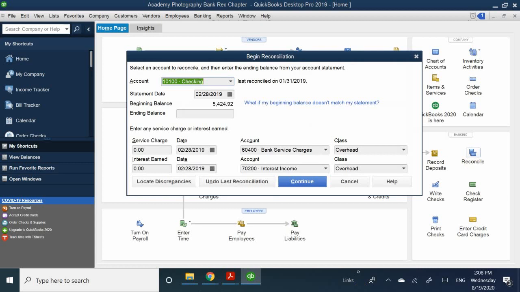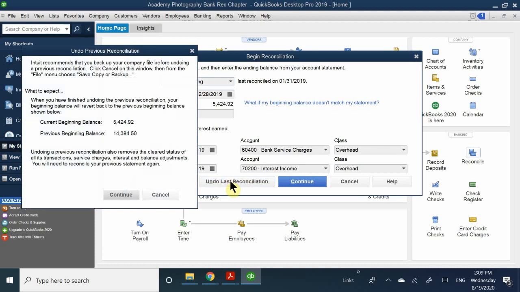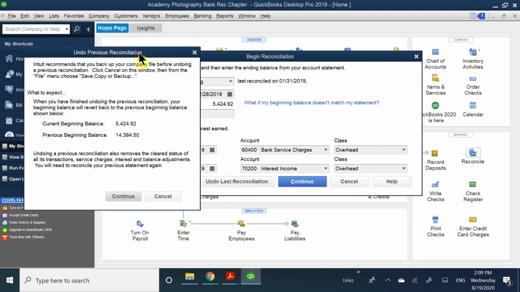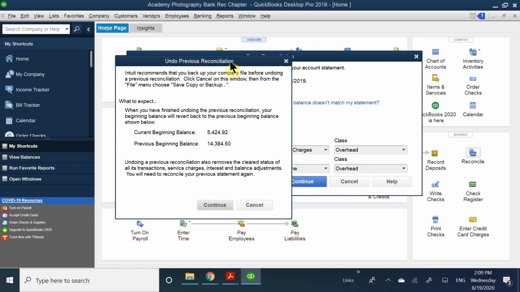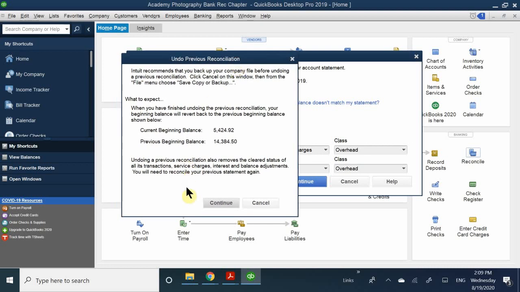So I'm going to go ahead and go here again, and I'm going to show you something. Let's say I found a discrepancy in my bank statement. I can always come back to the reconcile. I press reconcile, and I have this button right here that says undo last reconciliation. If I click that, it's going to pop up a window asking, are you sure you want to undo it?